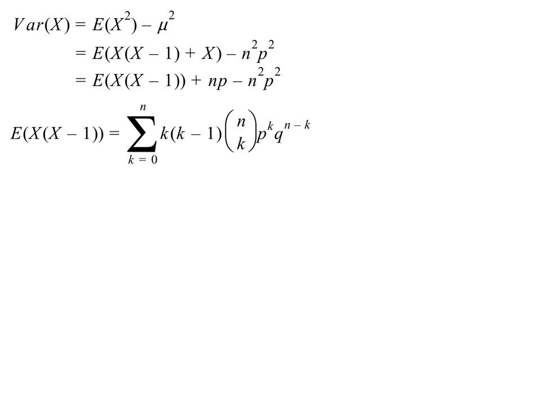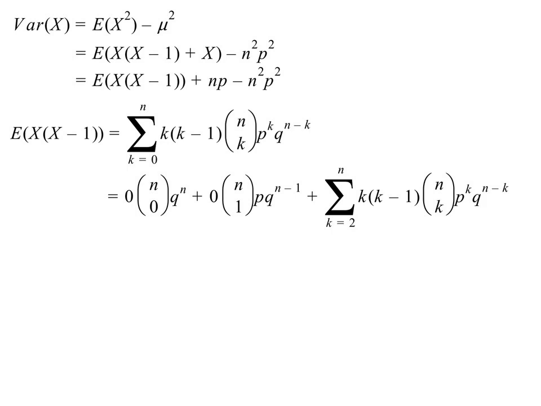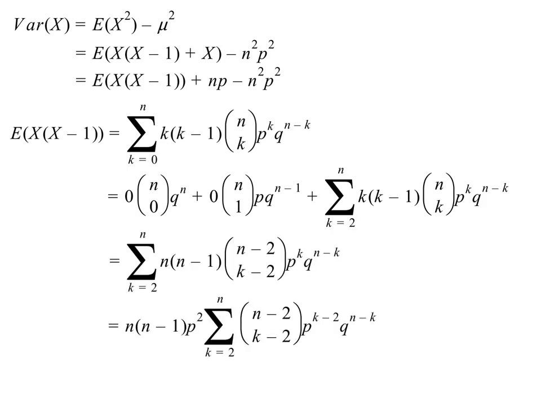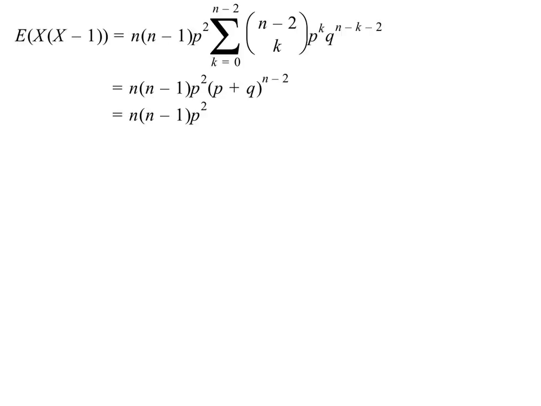Okay, well that would be this particular sum. I've got to play around with this now. Well, if I pull out k equals 0 and k equals 1, pull out those terms, and now this expression goes from 2 to n. But 2 to n, well these first two are just equal to 0, so they go away. 2 to n, pull out the n(n minus 1), but now I've got a sum which is like I did before.